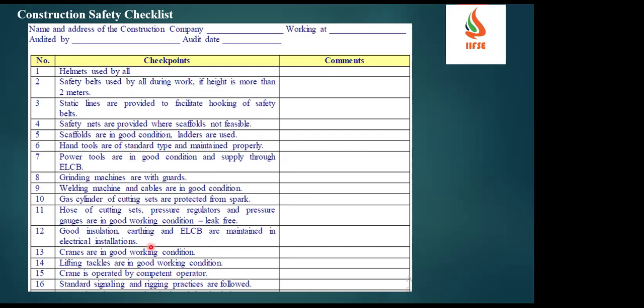Good insulation, earthing and ELCB are maintained in electrical installations. Cranes are in good working condition. Lifting tackles are in good working condition. The crane is operated by a competent operator, and standard signaling and rigging practices are to be followed. Whoever the operators are, they have to get trained.